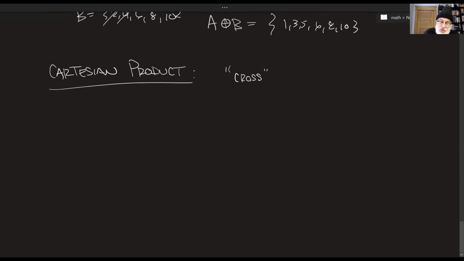So Cartesian refers to the Cartesian coordinate, which is a graph in XY terms. And we know when we have a point here, we have an X coordinate and a Y coordinate.